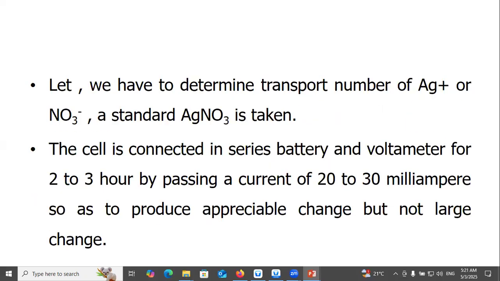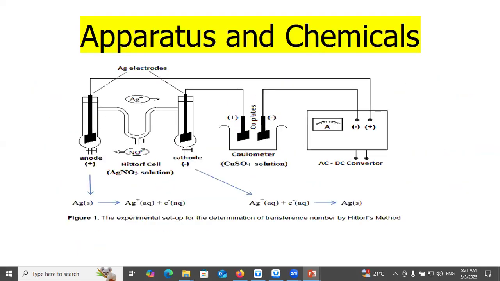Let us determine the transport number of silver and nitrate. A standard silver nitrate solution is taken. The cell is connected in series with a battery and a voltameter for 2 to 3 hours. This is the voltameter, the coulometer, and the AC/DC voltage converter.